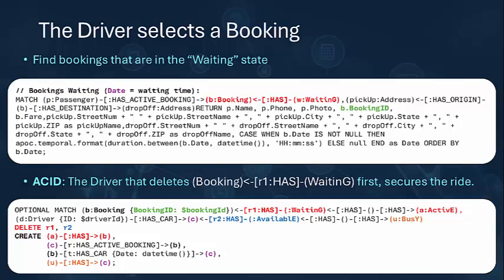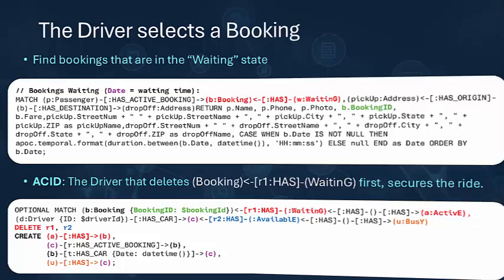All of this happens within a single ACID transaction, ensuring only the first driver to claim the booking secures it. That means only the first driver to delete the relationship between the waiting collection and the booking secures it. This demonstrates how business logic emerges from relationships in a property graph, enabling real-time state transitions without mutating entities, turning the graph into a living model of business behavior.